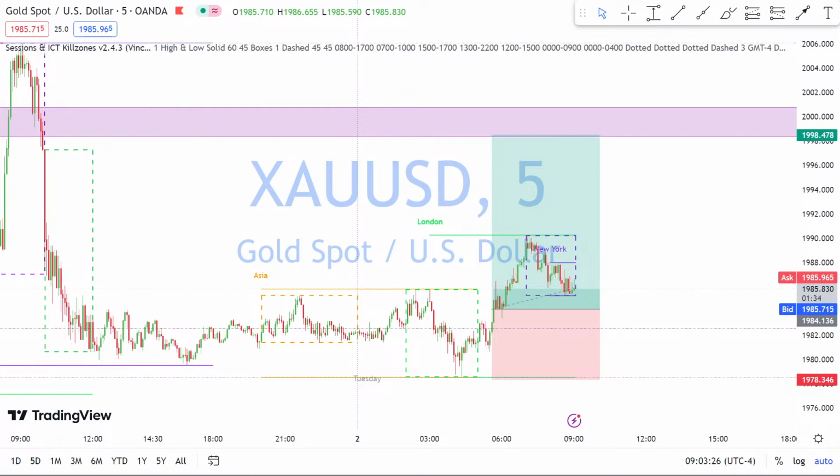So you would apply these concepts with all the other concepts we've previously discussed, but looking at obviously a higher level key support level down here as a catalyst.